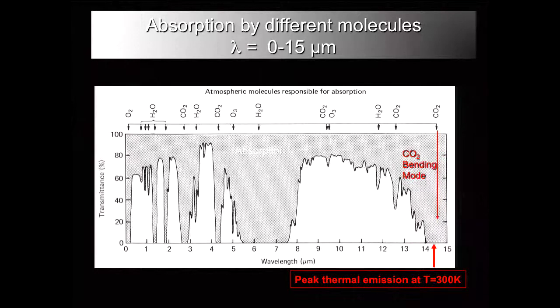In other words, the Earth's temperature is just such that it's emitting most of its thermal emission right where the carbon dioxide bending mode, you remember that one, is very efficient at absorbing that infrared light. We have an extra blanket in the form of carbon dioxide.